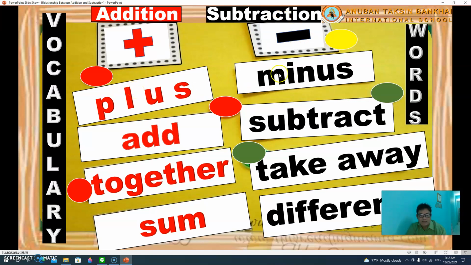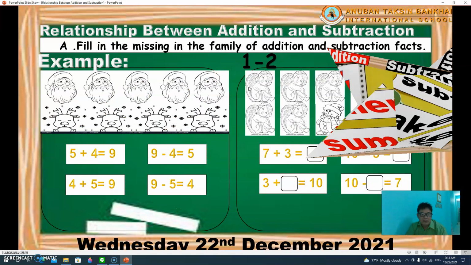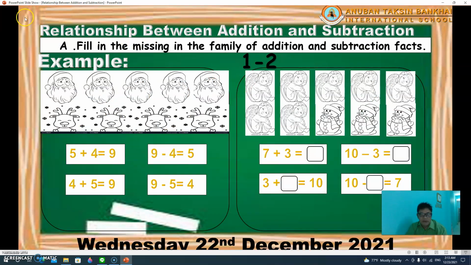Plus, minus, add, subtract, together, take away, sum, difference. When we add two numbers, the answer is called the sum, S-U-M. When we subtract two numbers, the answer is called the difference. So this is the relationship between addition and subtraction.